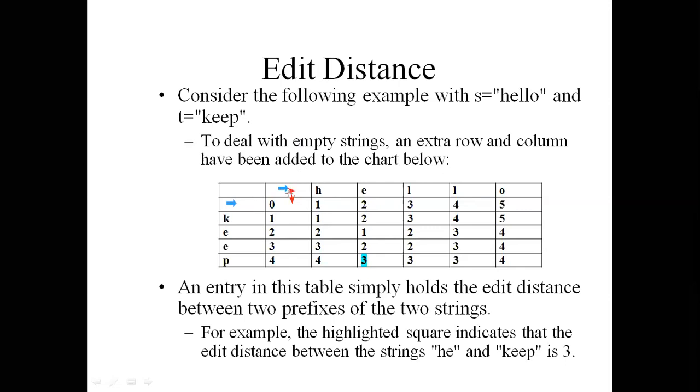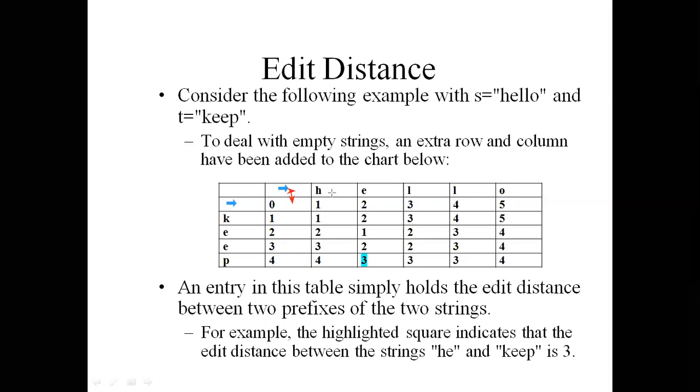When you consider the null string, the replacement of the string hello is the number of characters in the string hello. Null string to null string is 0. No need of any replacement, insertion or deletion, since both are null strings.